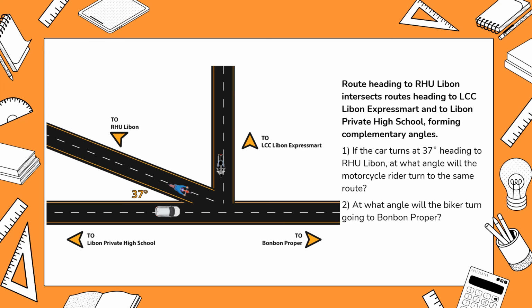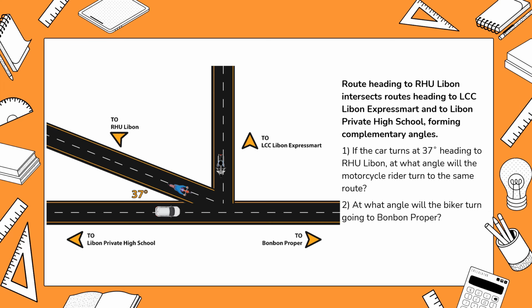Now by looking at the illustration, if the car turns at 37 degrees heading to RHU Libon, the angle of turn of the motorcycle would be what?